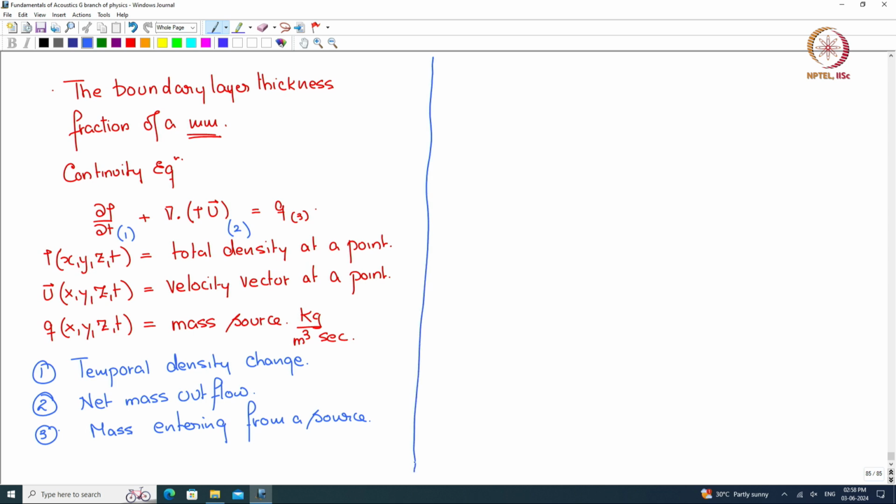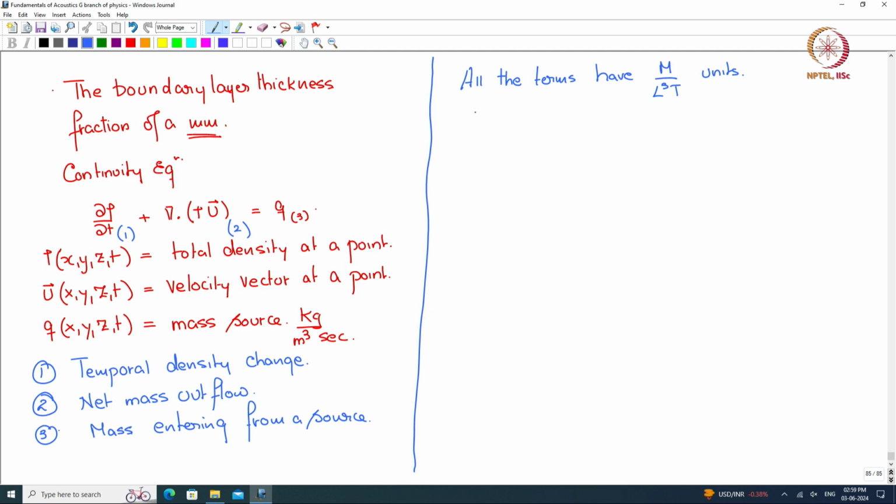So each of these terms, all the terms in this equation, have units of mass over length cube into time. It's important. So that's the first stage.